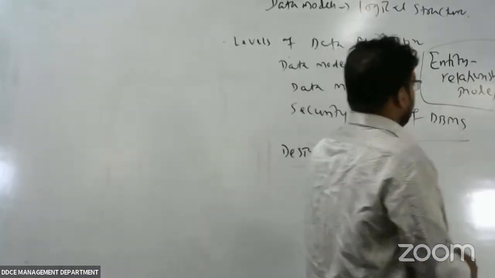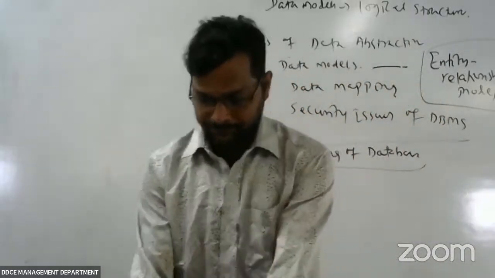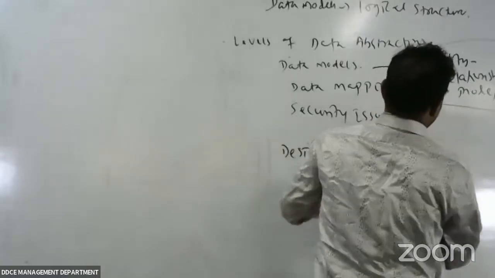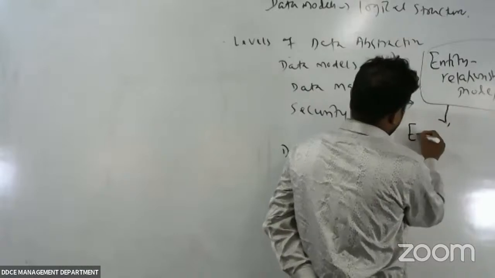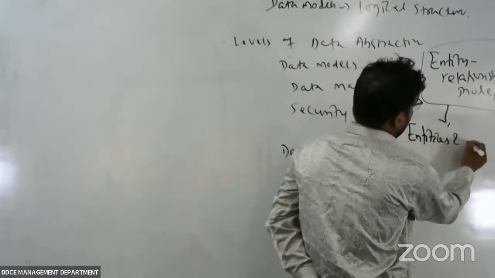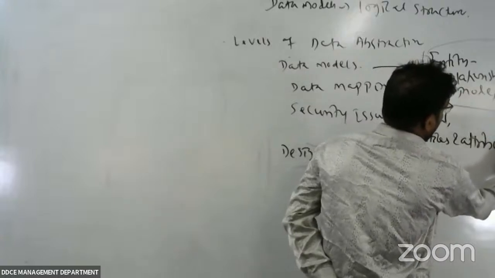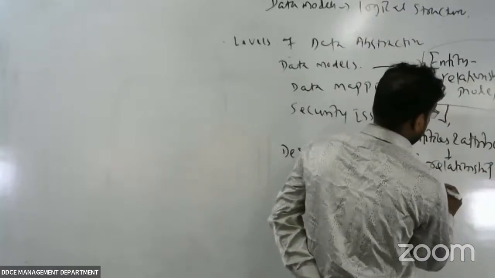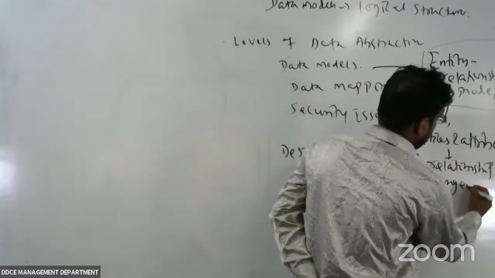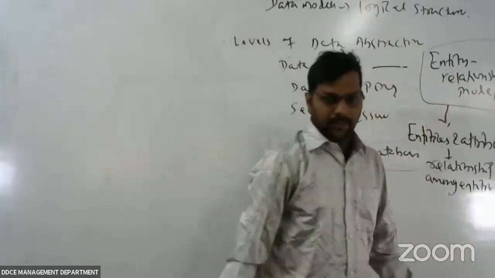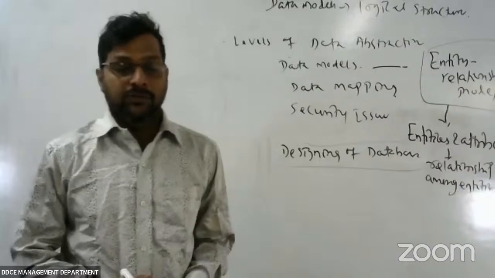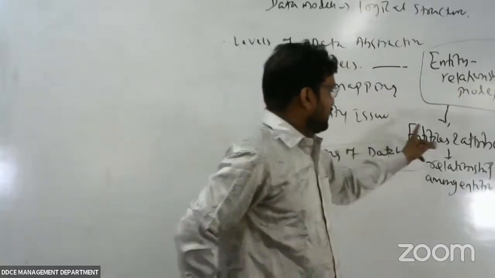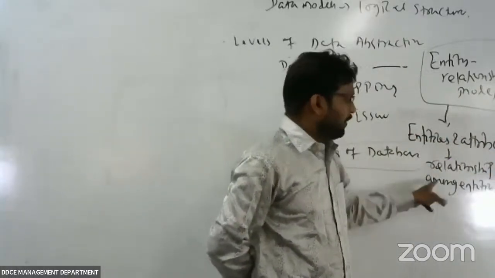So one is the entities and their attributes, and the second one is the relationship among entities.